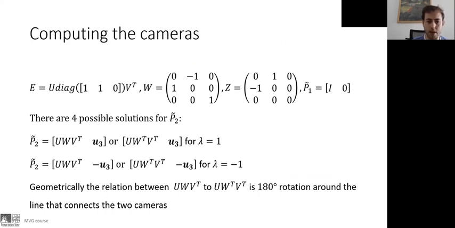Just to mention that geometrically, the relation between UWV transpose and UW transpose V transpose, which are the 2 R options, is just a 180 rotation around the line that connects the 2 cameras. We will see the visualization for this in the next slides, but this is what it means geometrically.